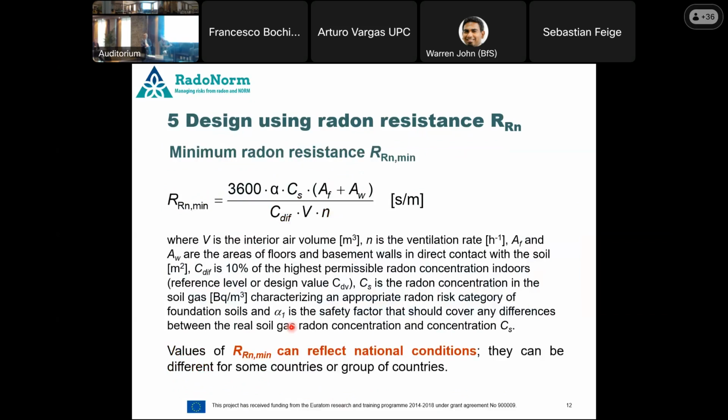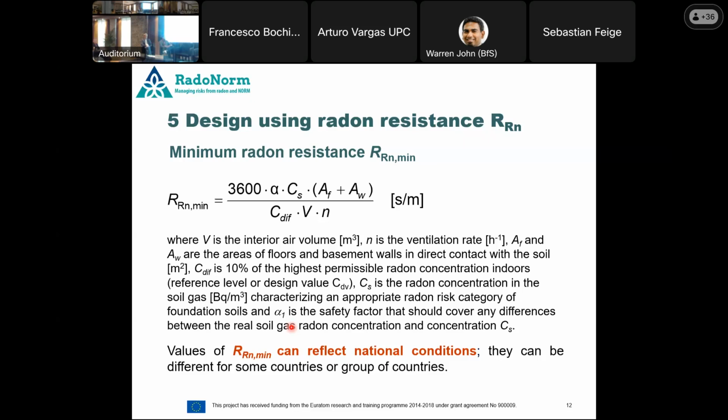So here we have developed the equation from which each country can find either one or several values of the radon resistance, according to the typical building characteristics. We can use interior air volumes, ventilation intensities, or floor areas.